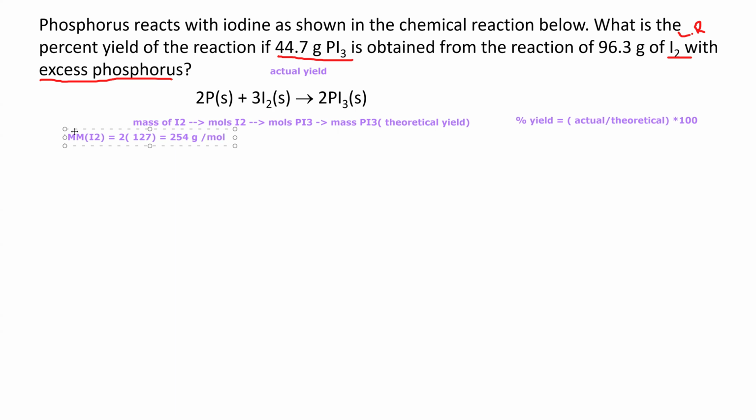And then the molar mass of PI3 is 1 times 31 plus 3 times 127. So let me do that. I'm just getting everything ready that we're going to need to solve this problem. That's 412 grams per mole.